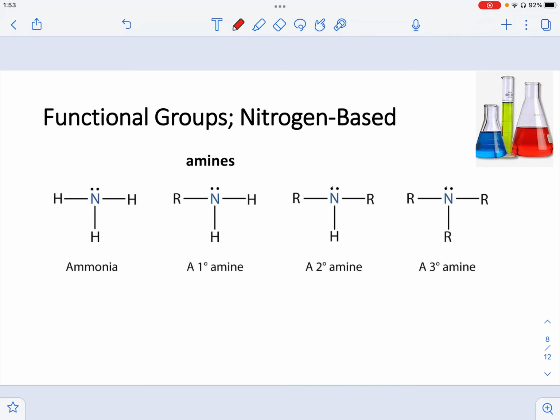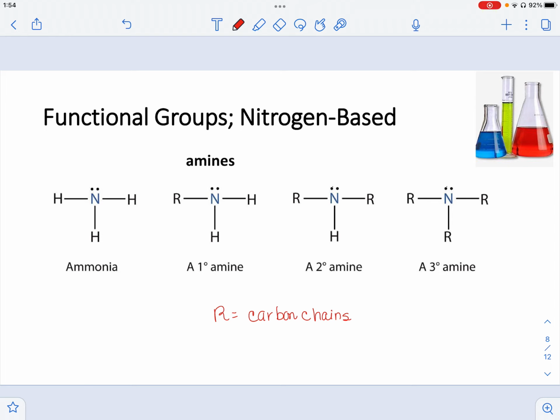The next functional group are going to be amines. And when it comes to amines, understand that amines are derivatives of ammonia. Now, these amines are going to have carbon atoms attached to the nitrogen atom. So R, in this case, is going to be representing carbon chains. Similar to alcohols, amines can be classified as primary, secondary, and tertiary.